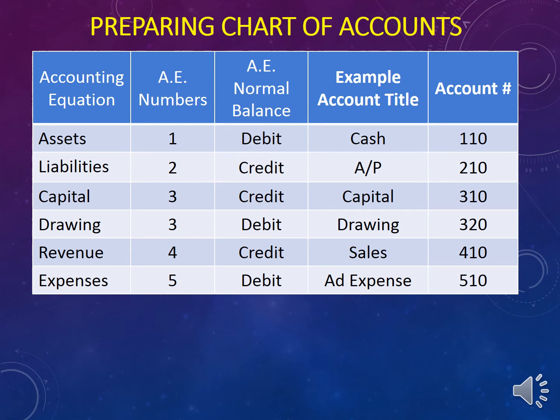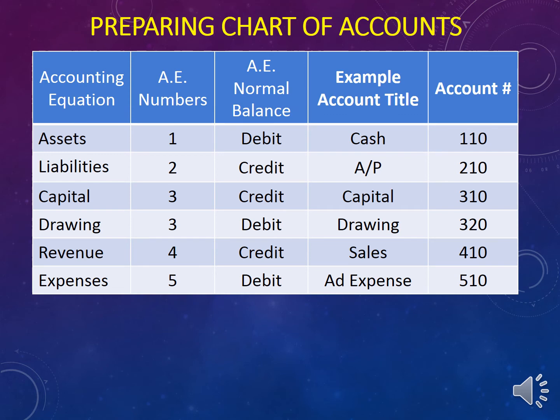Liabilities start with 2. We know it has a credit normal balance. Looking at an example account title, accounts payable, the account number is 210. 2 represents liabilities. 10 represents where it falls within the liability section.